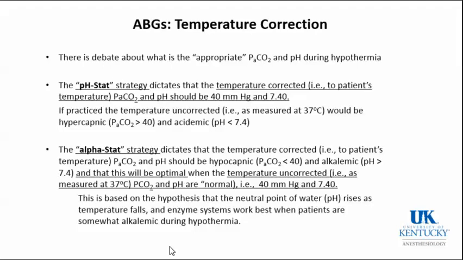And so based on that, currently we tend to manage patients by keeping their blood gases measured at 37 degrees at, quote, normal values, which would then result in, if you corrected it, being hypocapnic and alkalemic.